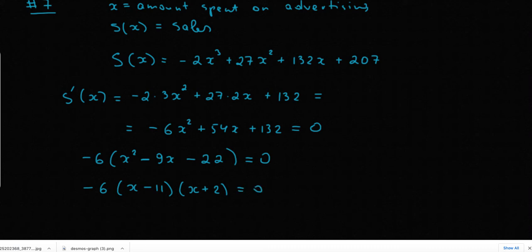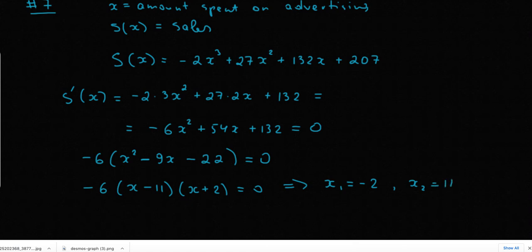The way to see that is to note that the constant term in the quadratic polynomial, -22, factors as for example negative 2 times 11, and negative 2 plus 11 gives us the coefficient of the middle term, negative 9. Okay, and so our conclusion from here is that this function has two critical points, negative 2 and 11.